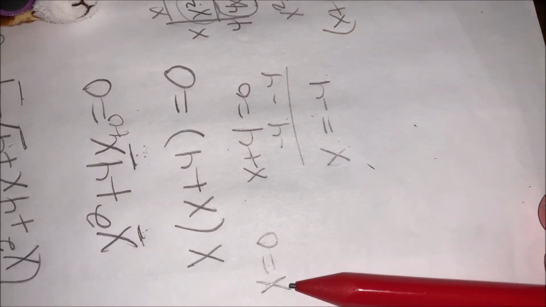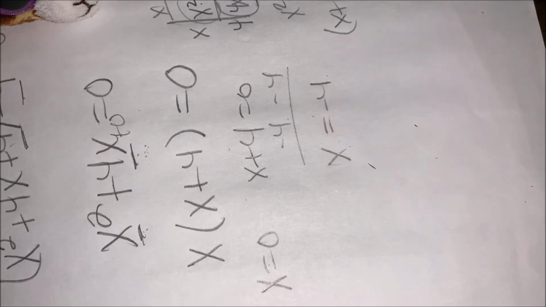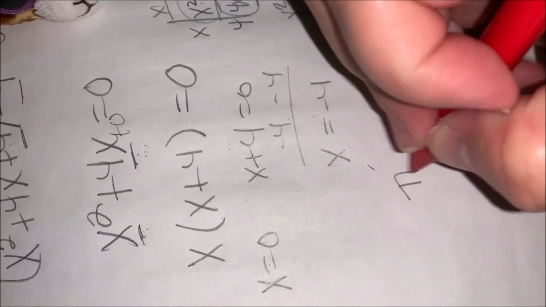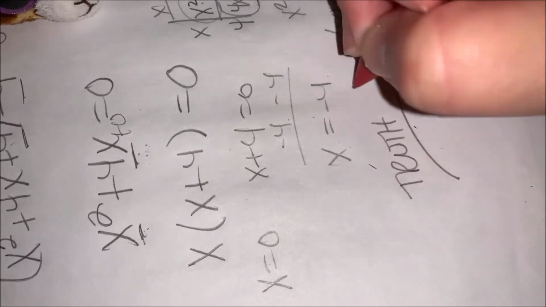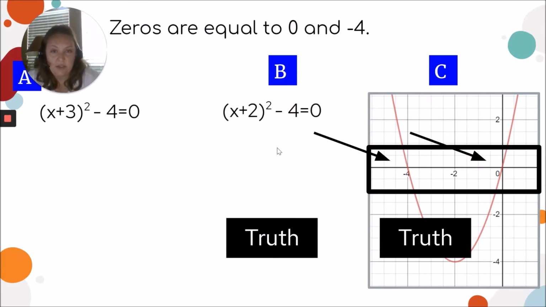So here are my two roots, 0 and negative 4. Is that what we saw? We figured out that B is truth. B represents this graph, this parabola over here, and A is the lie.